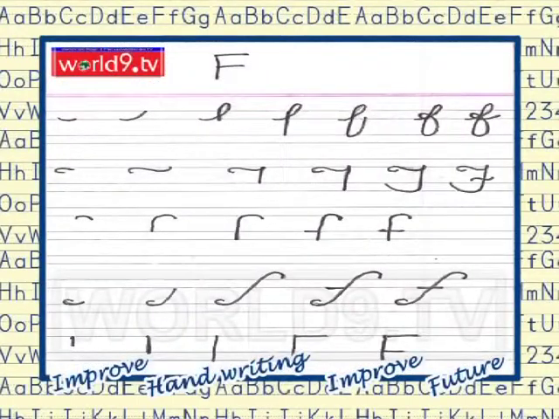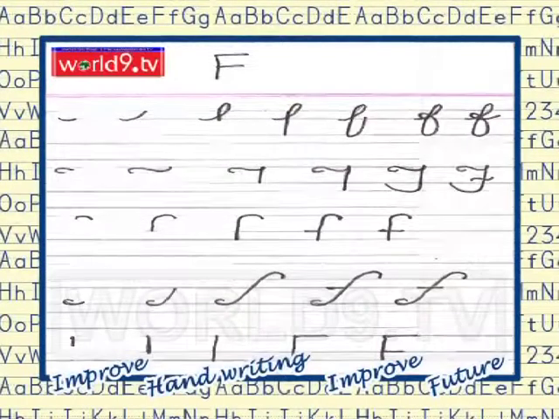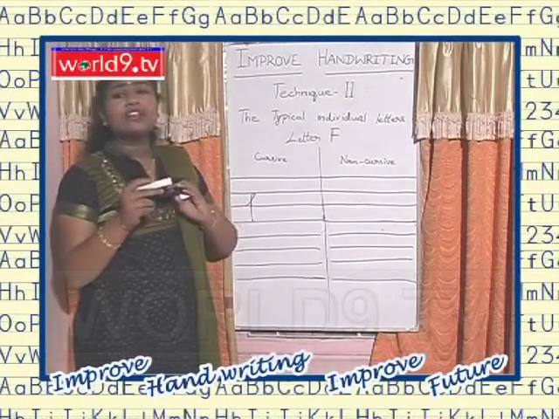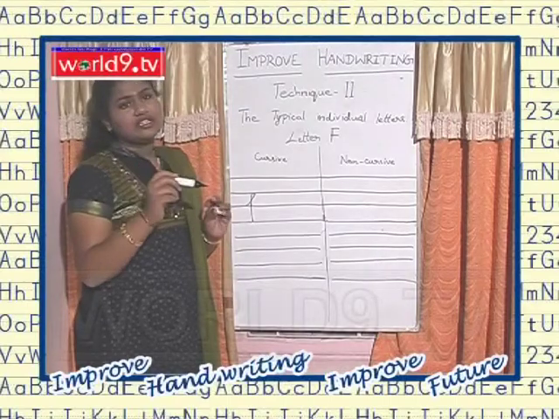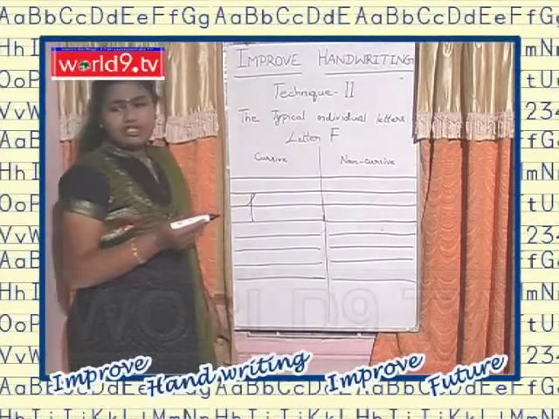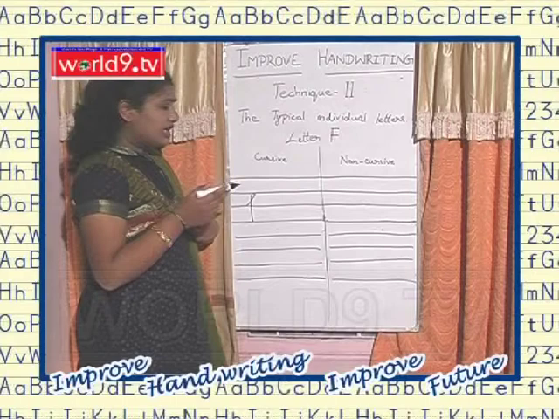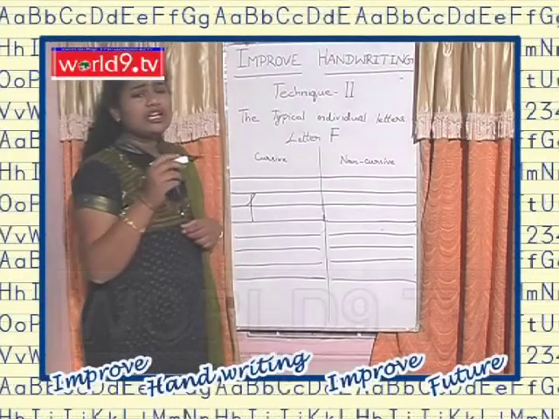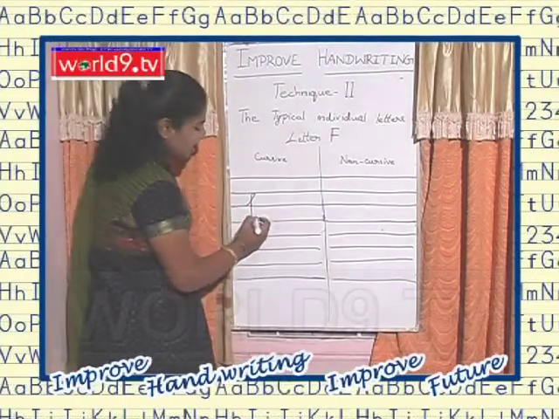F is the first letter to touch the lower part. It comes first in the lower part category, because E we will not touch, B we will not touch. In the lower line touching category, F is the first letter.